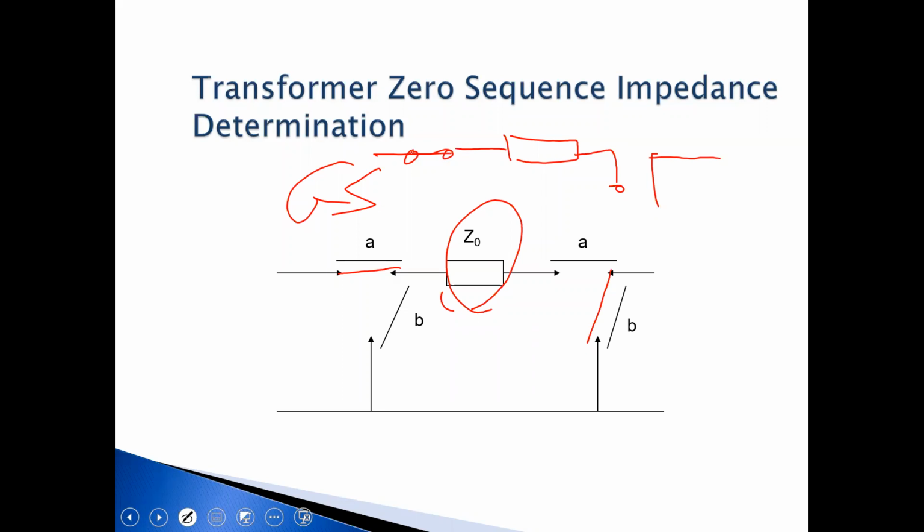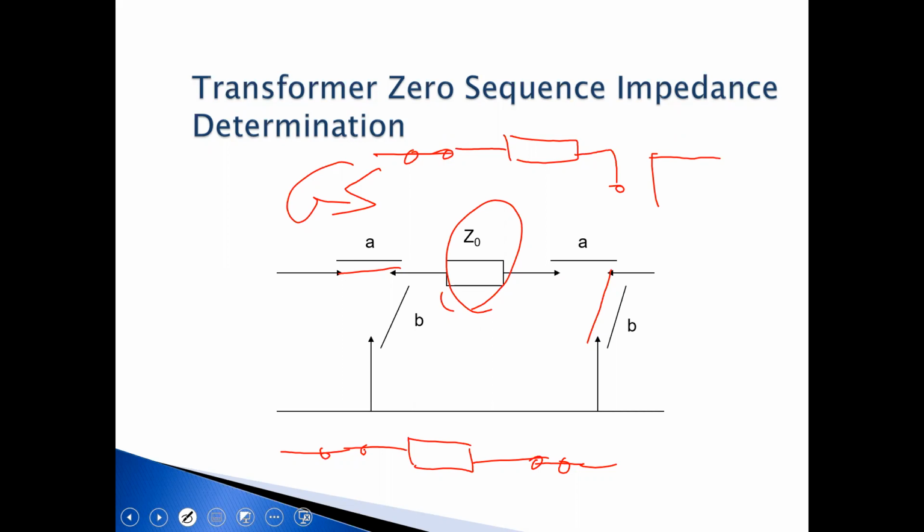If, of course, I then have grounded star on both sides, then I would have this as my zero sequence impedance, all right? So in other words, I would have zero sequence current flowing. This would represent a solidly grounded star connection, yes?